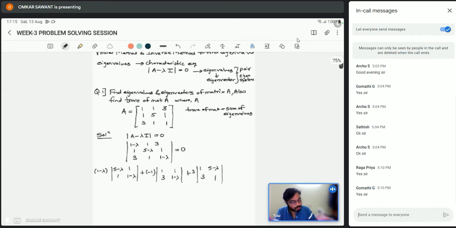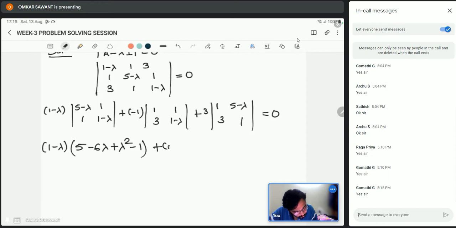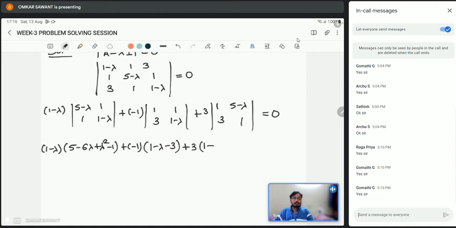Okay, give me the characteristic equation, please. Everyone work it out simultaneously.